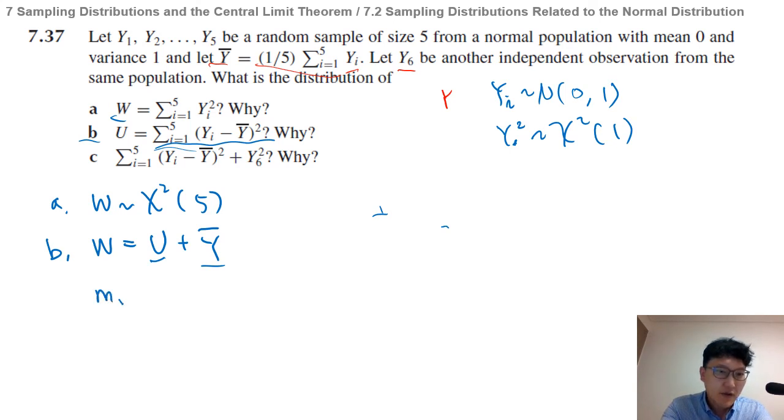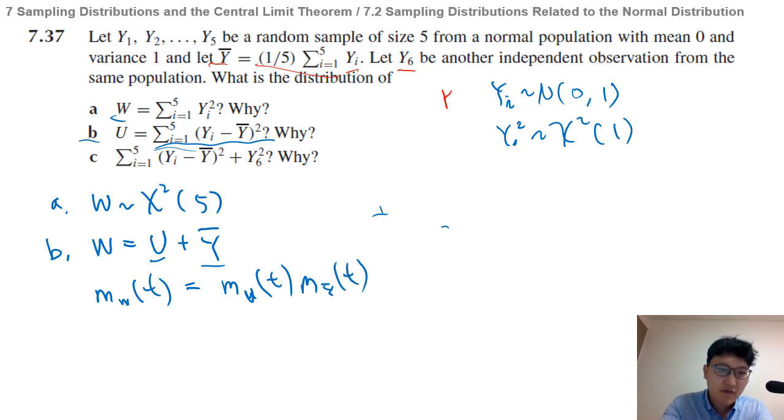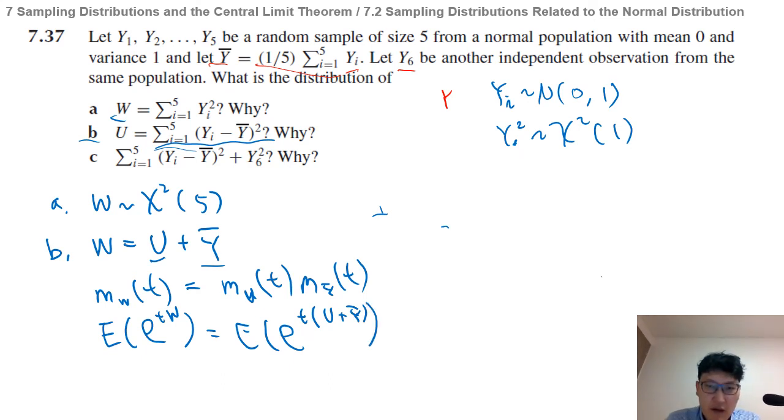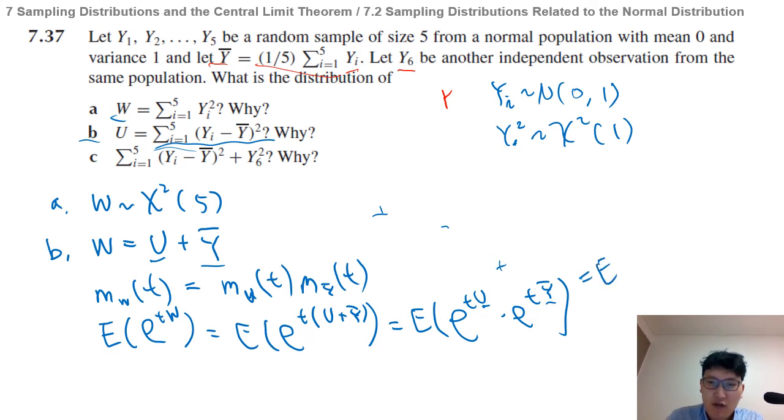So M_W(t) is actually M_U(t) times M_Ybar(t), because the definition of the moment generating function is the expected value of e to the tW, and here W is U plus Y bar, so this is the expected value of e to the tU times e to the tY bar. Since U and Y bar are independent, you can write this as the expected value of e to the tU times the expected value of e to the tY bar.